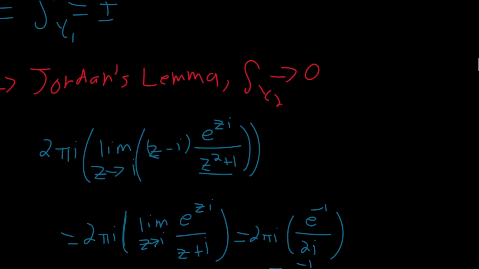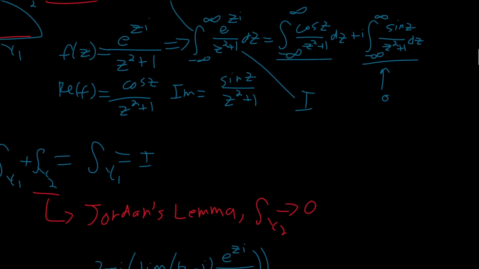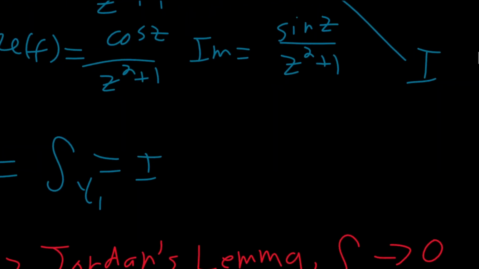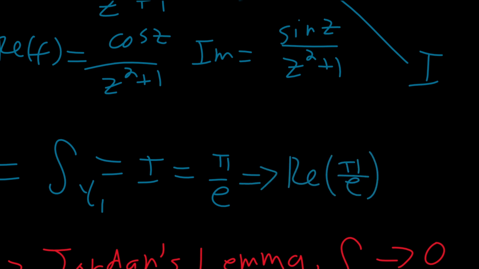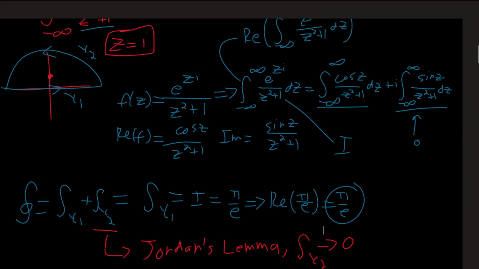So we come up here and we realize, well, hold on. 2 pi i times the sum of our residues was just our integral. So this means that I is just equal to pi over e. And taking the real part of this seems kind of silly, but technically we should. This is just still pi over e, and that right there is the answer to our integral. I thought this was so cool when I first found it.